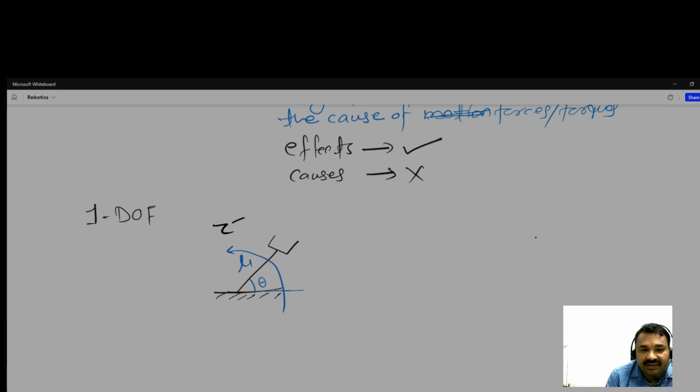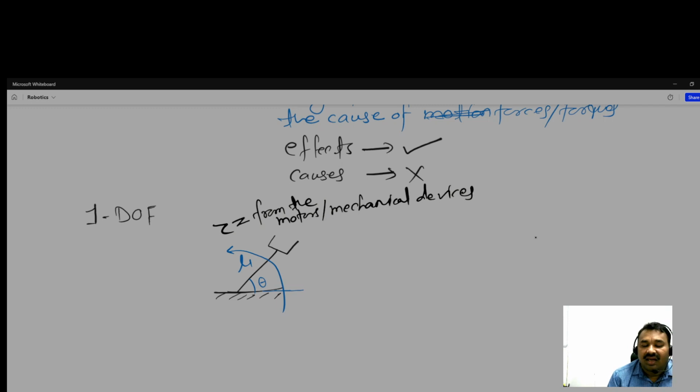And tau कहाँ से generate होगा? From the motors or mechanical devices, or pneumatic, hydraulic devices.